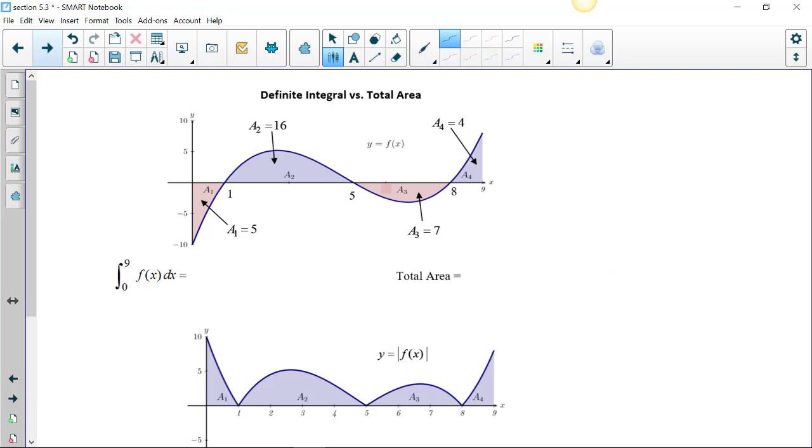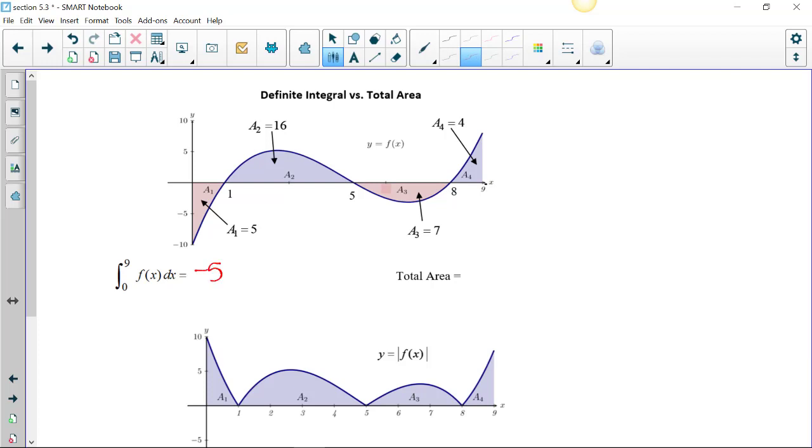Okay, so let's compare definite integral to total area. Here I've got a fun looking graph of a function f of x, with a couple of regions above and a couple of regions below the x-axis. If I want to evaluate the definite integral from 0 to 9, which means from the very beginning to the end of this function, what's going to happen? A sub 1 is my first area, below. That region has an area of 5, so I'm going to consider that negative.